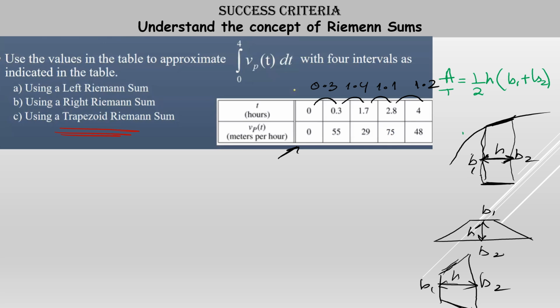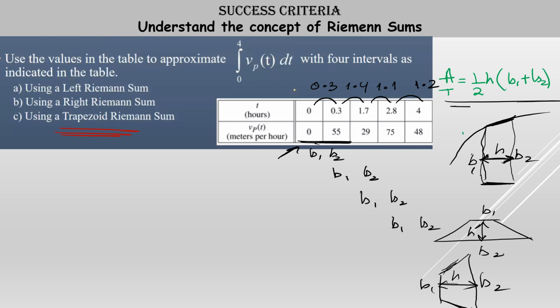Try to understand how we get them. In the first case, this is B1, this is B2. In the second case, this is B1, this is B2. In the third case, this is B1, this is B2. And in the fourth case, this is B1 and this one is B2.